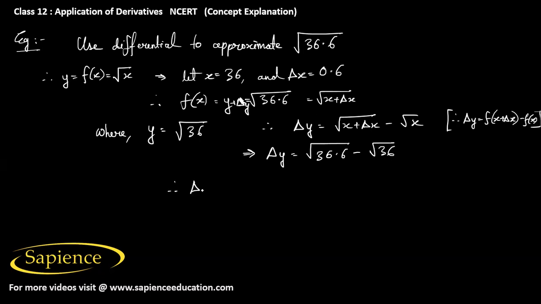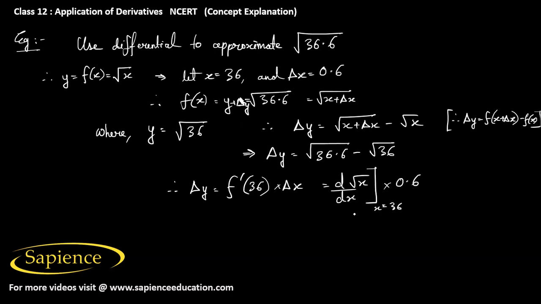Now therefore delta y can be written as f dash 36 into delta x. So f dash 36 means we have to do d by dx of root x at x equal to 36, and that into delta x, which is 0.6.